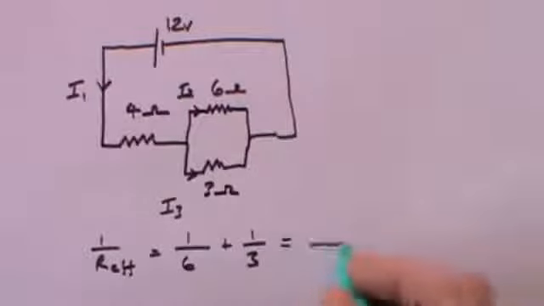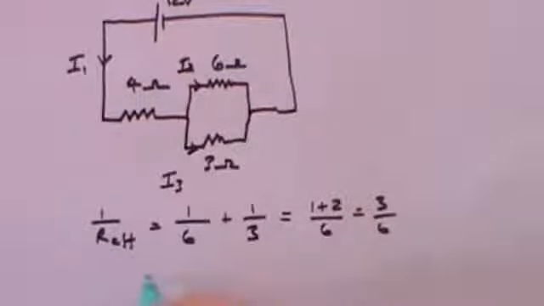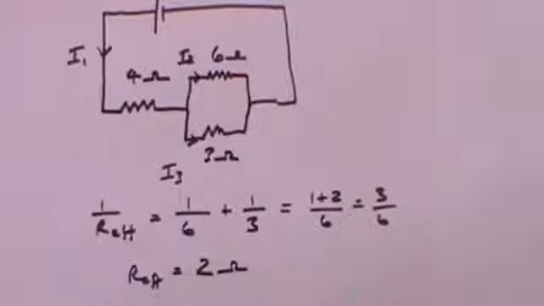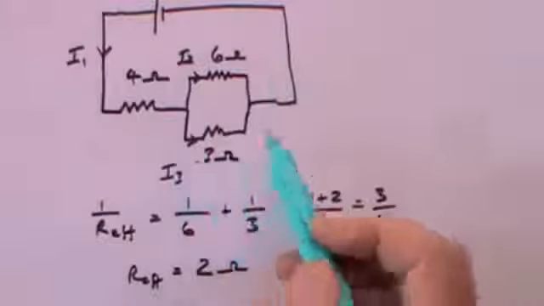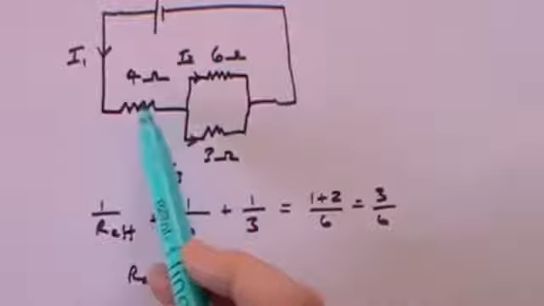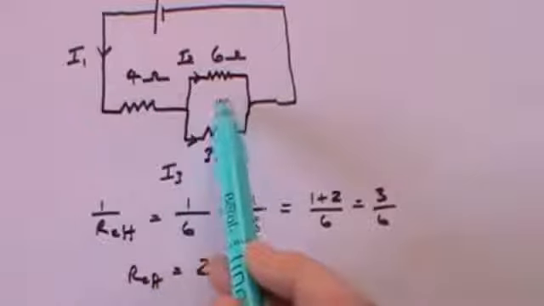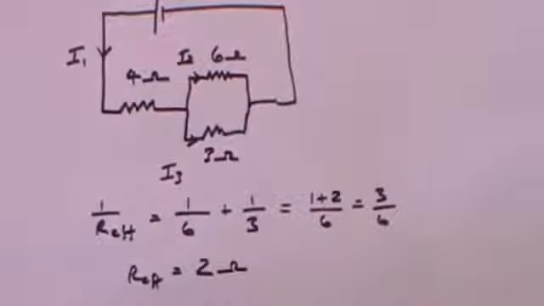And that's going to be, you can divide both by 6, that's 1 plus 2 over 6, which is 3 over 6. But 3 over 6 is 1 over the R effective. So remember that means that R effective is 6 over 3, which is 2 ohms. So the effective resistance of this little section here is 2 ohms, which means the total resistance in the circuit is 4, plus the effective resistance of this, which is 2, which is a total of 6 ohms.